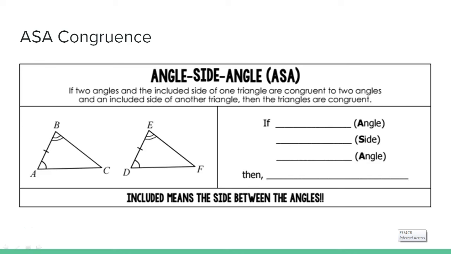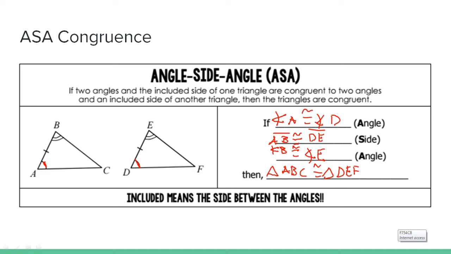If we look closely, they're saying that if angle A is congruent to angle D, our first angle here, then if we have a side included in between, so the side is now sandwiched, in this case side AB is congruent to side DE, and then we have another angle, in this case angle B is congruent to angle E. If all three of those things are true, then we can say that triangle ABC is congruent to triangle DEF.